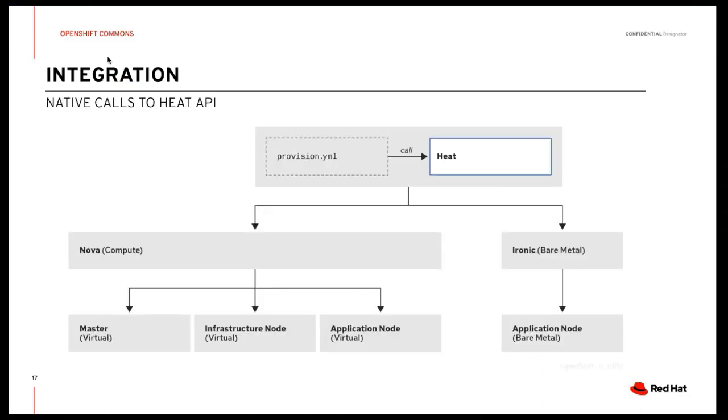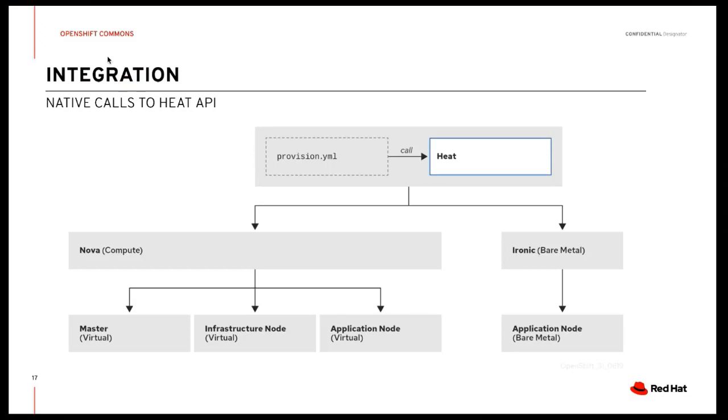So a bit about the integration. The provision.yaml playbook actually uses the Ansible cloud module for OpenStack to make native calls to Heat. Now, Heat is OpenStack's templating service. It's very robust and extensible. It's similar in some ways to a Kubernetes deployment or an OpenShift deployment config, in that you can specify the end state of the template that you want deployed, and then it will go and enact it through an API.